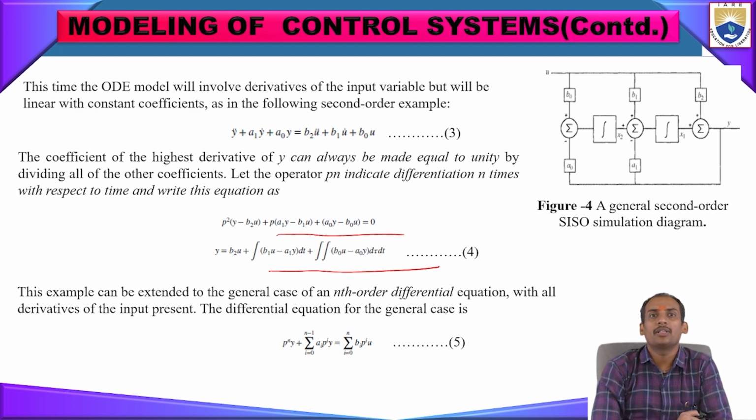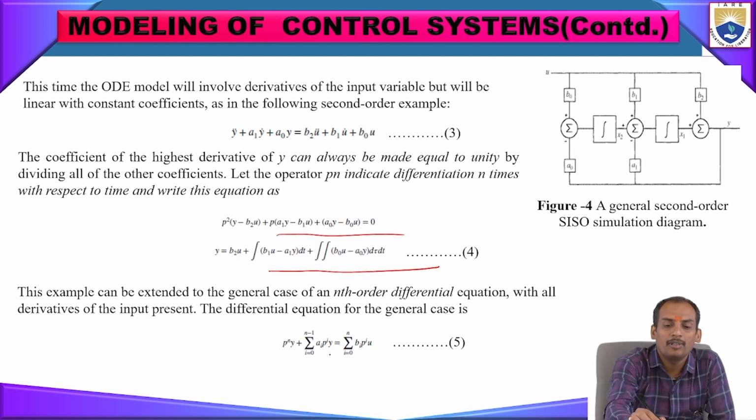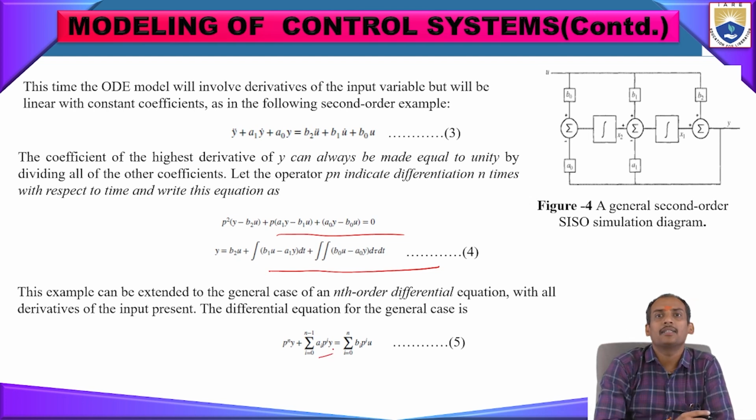With all the derivatives of the input present, the differential equation can be written like this: p to the n of y is equal to the summation, with i varying from 0 to n minus 1, of minus ai p to the i of y, plus the summation, with i varying from 0 to n, of bi p to the i of u.